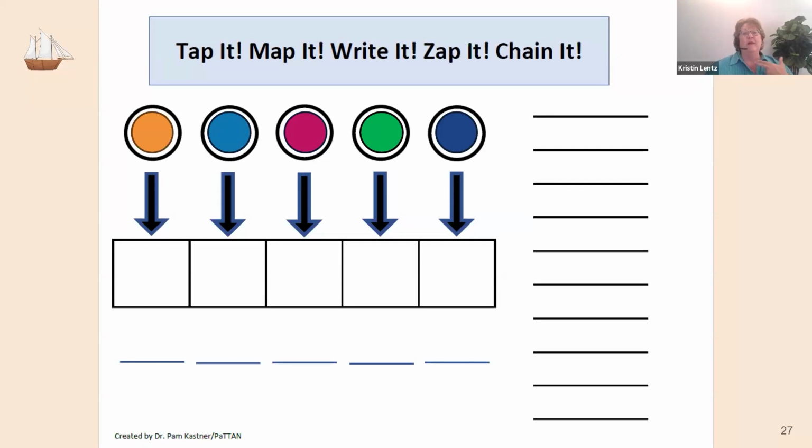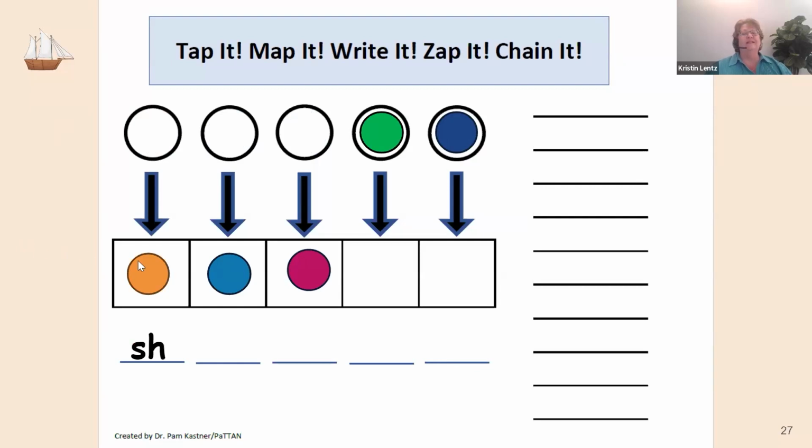This is where I may also work on their pronunciation or helping them create the correct sounds. Then we may tap it, map it, graph it. So we're going to tap it out. I may map ship. All right, moving those tokens. Then have the kids spell it.